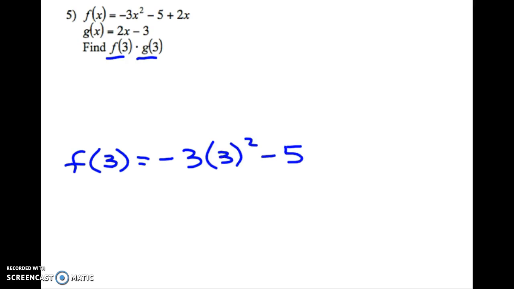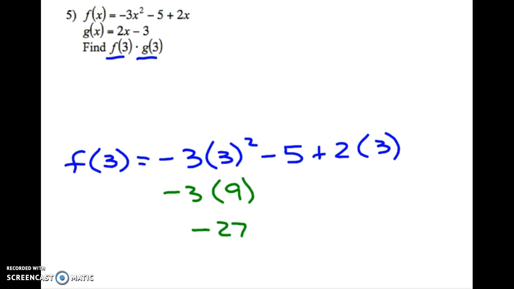We have a minus 5 and plus 2x, so instead of the x, we're going to put the 3, so it's going to be plus 2 times 3. If we do the math, 3 squared will give us 9. Negative 3 times 9 will give us negative 27. Got the minus 5. And the 2 times 3 should be 6. If we add these together, we're going to get negative 26.